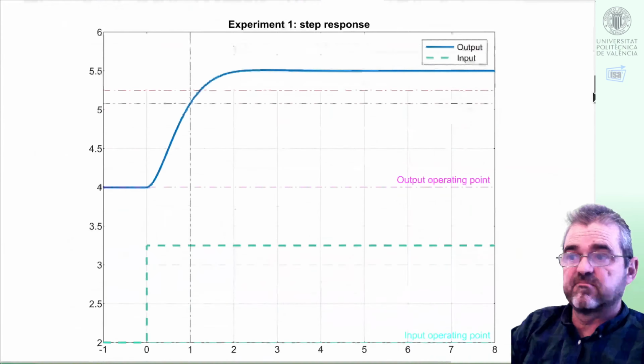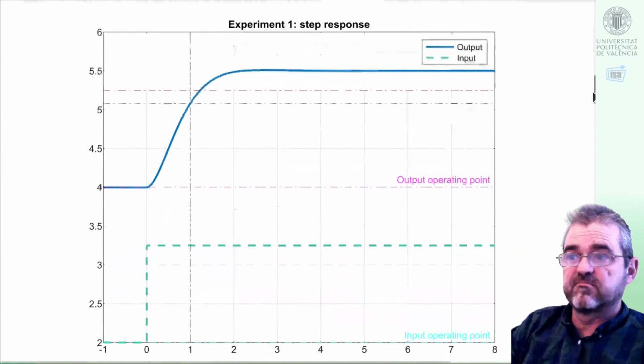If we now repeat the computations, but using this value here instead of the value in equilibrium, then we'll compute the step increment needed to reach our goal in this time.